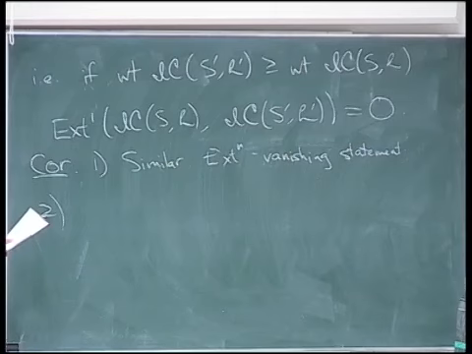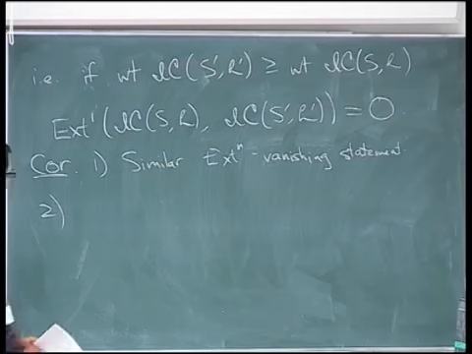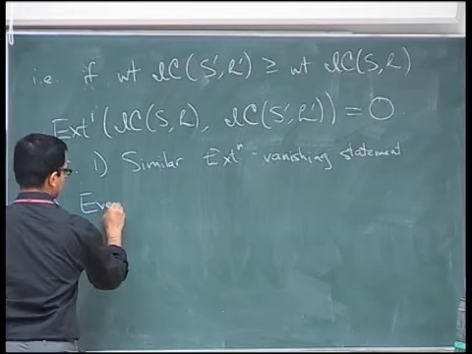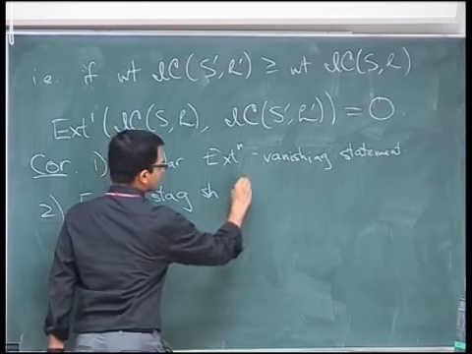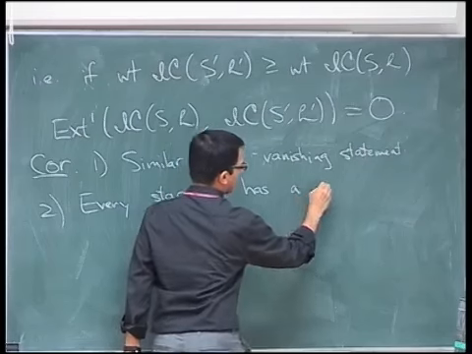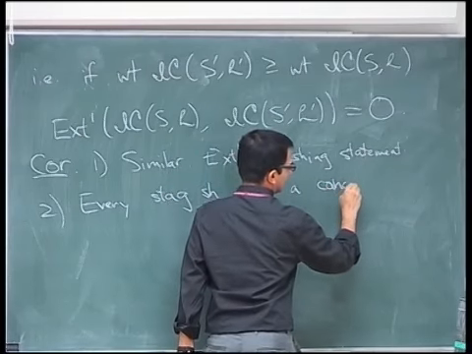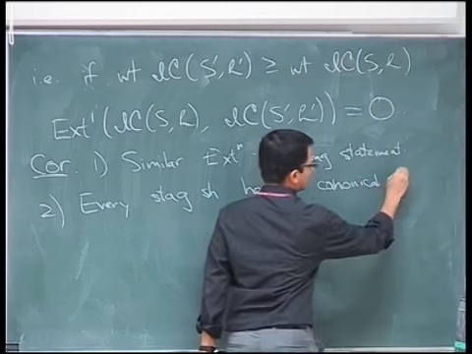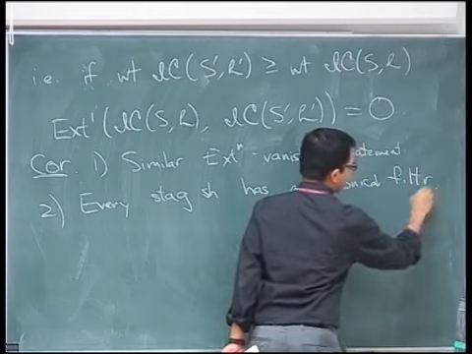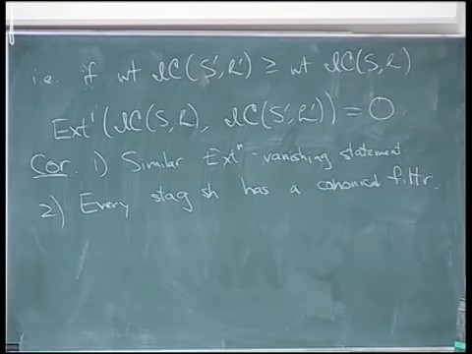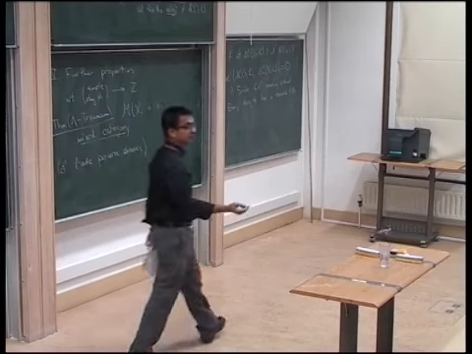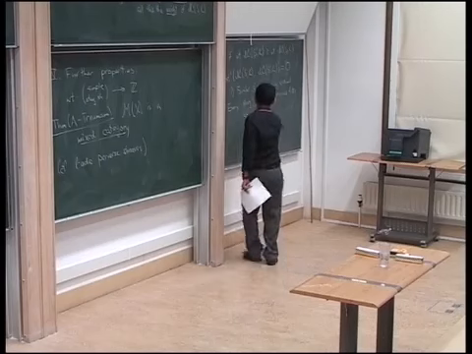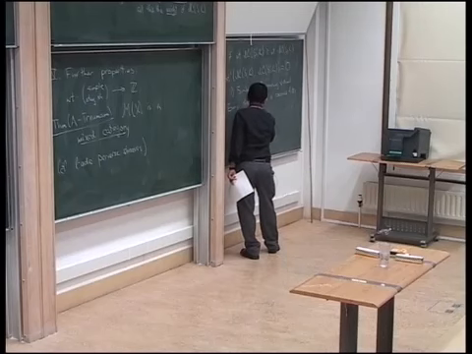That may not be so exciting in and of itself, but the second thing you get is that every object, so every staggered sheaf, has a canonical filtration which comes about by looking at the weights of the simple subquotients, and this is called the weight filtration.